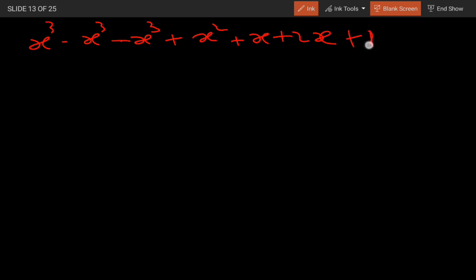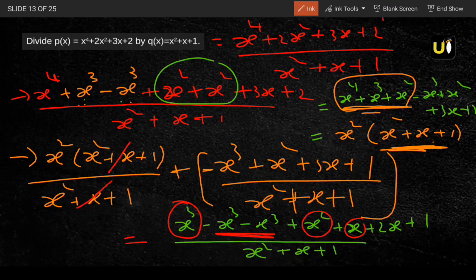Here we are left over with minus 2x cube, and minus 2x cube plus 2x plus 1 divided by x square plus x plus 1. That means previously we were having x square and now we got x, and now we got this term. So we have to simplify this term further.